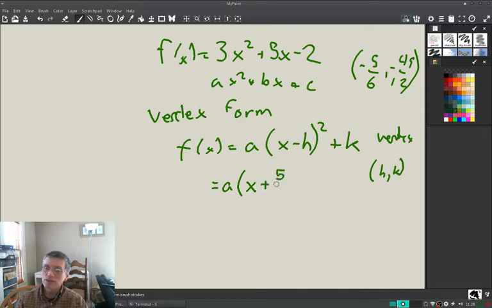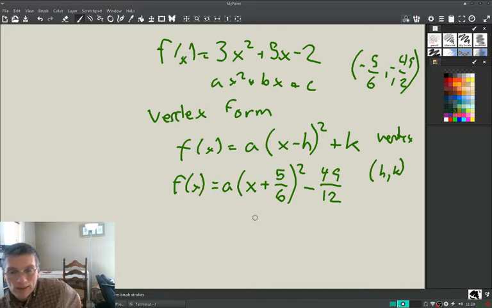A lot of people are going to miss this minus sign or not put it in right. Plus k. It turns out our k is negative, so I'll just say plus minus 49 over 12. And that's our function almost. We still don't have this a value.